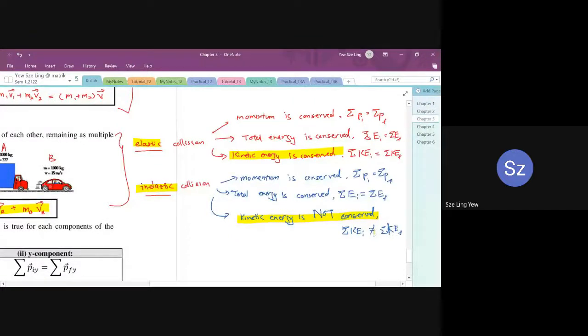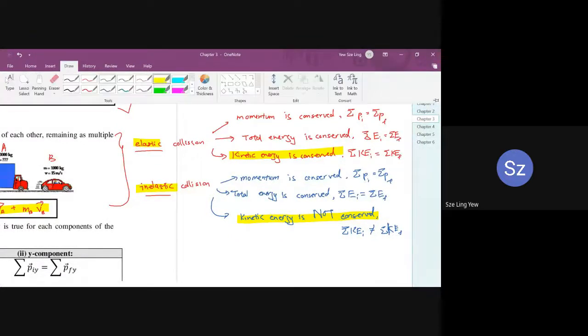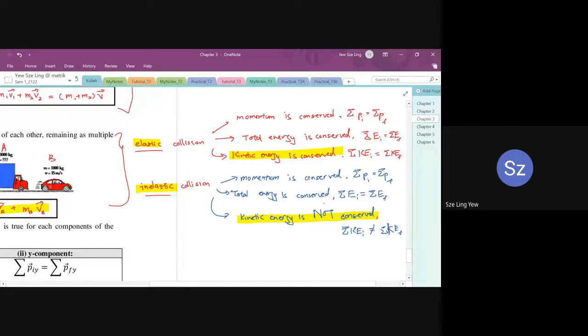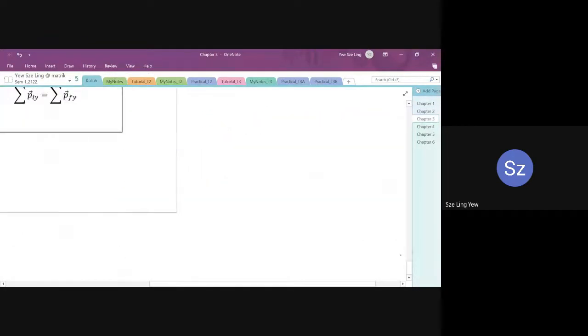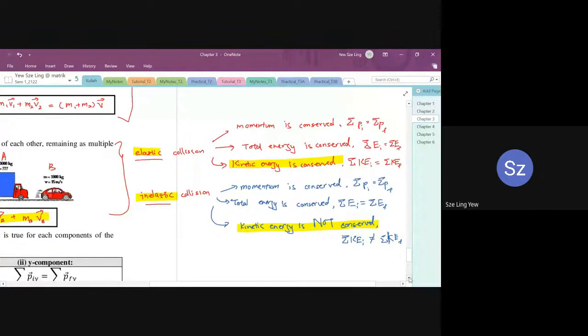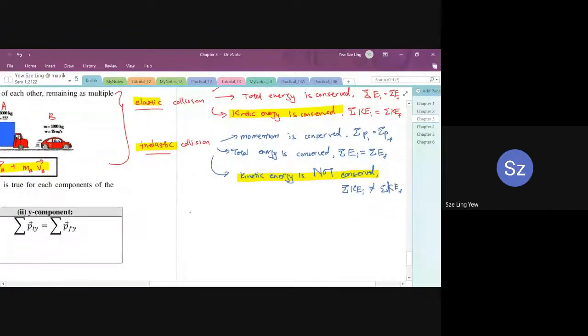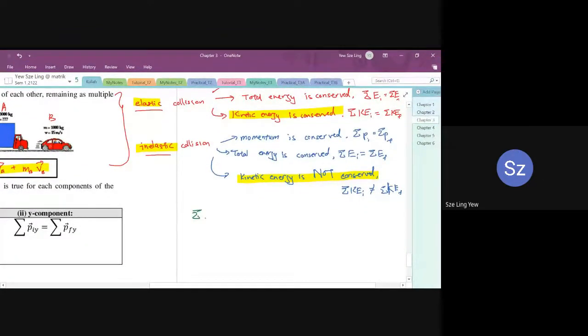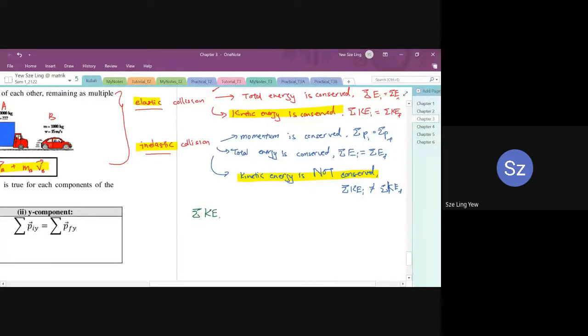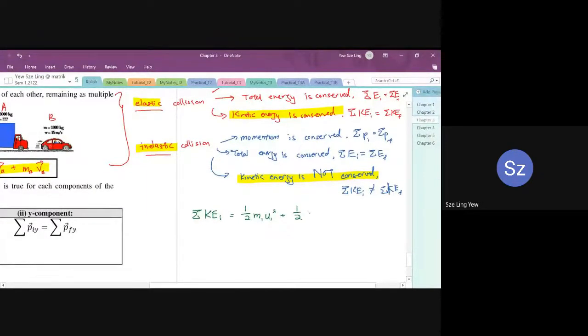So how do we calculate kinetic energy then? You calculate the total initial and the total final separately. KE initial equals 1 over 2 m1 u1 square plus 1 over 2 m2 u2 square.